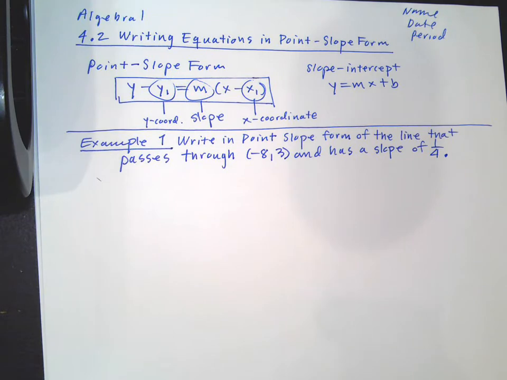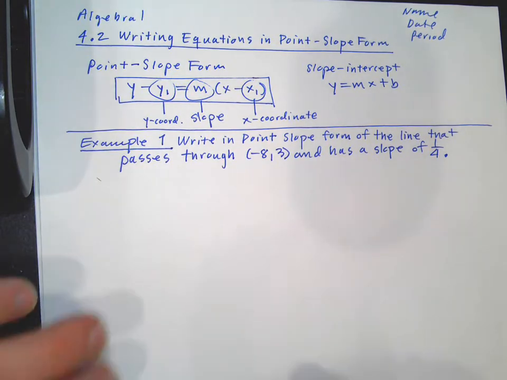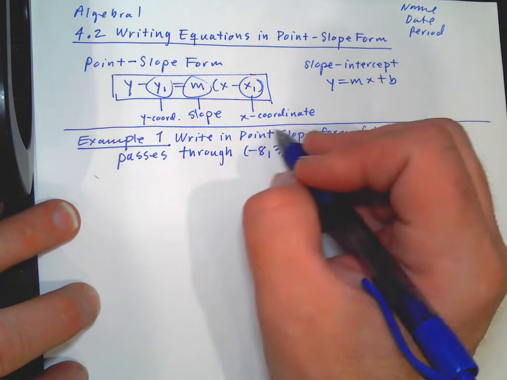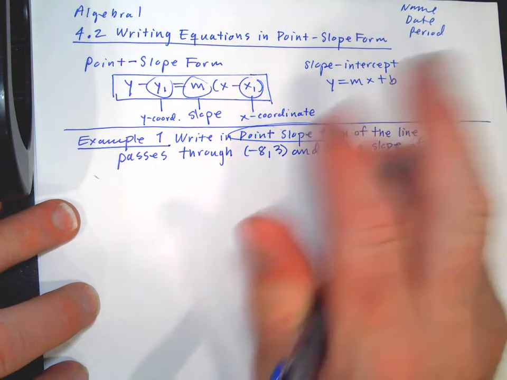So we're going to try and write this equation. We're trying to get point slope form for the final answer.